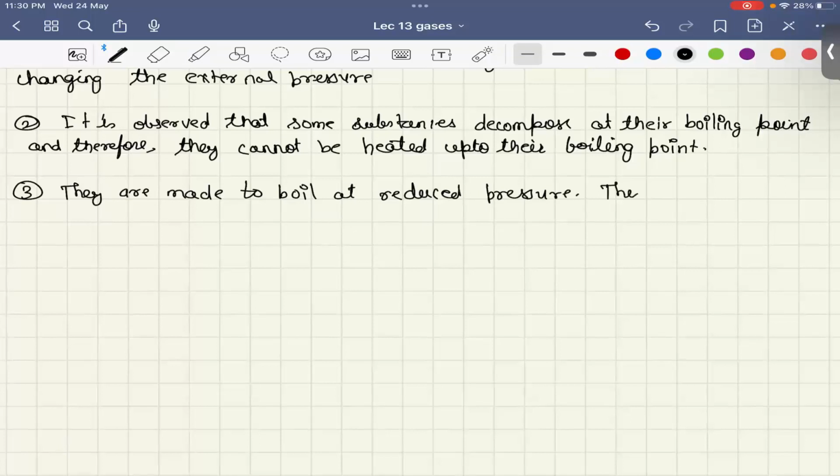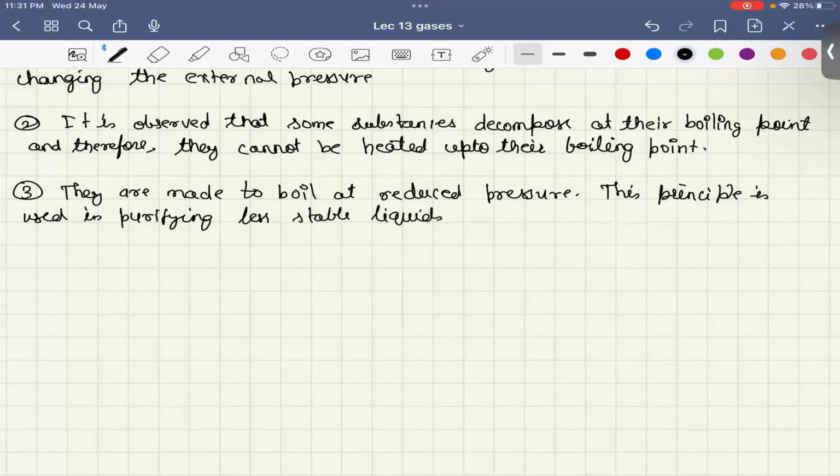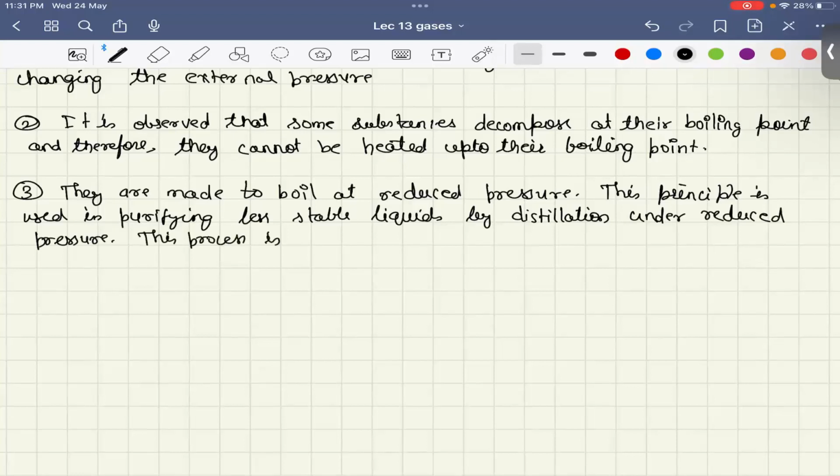And this principle is used in purifying less stable liquids by distillation under reduced pressure. And this process is called as vacuum distillation.